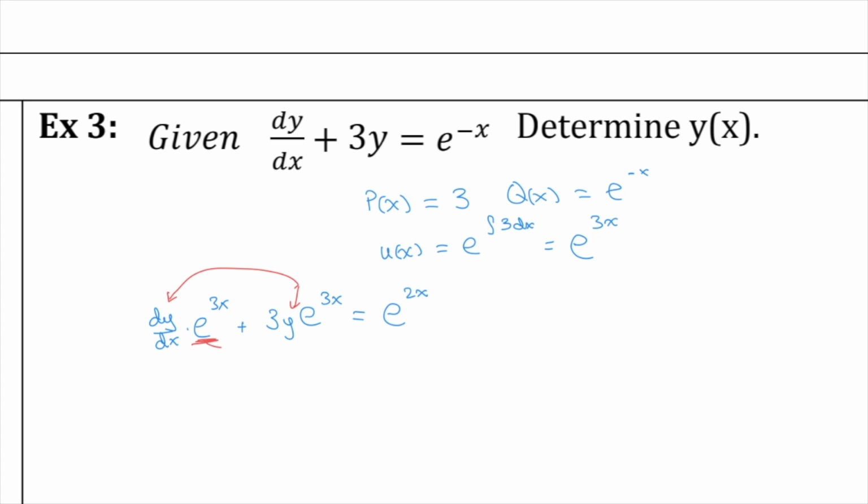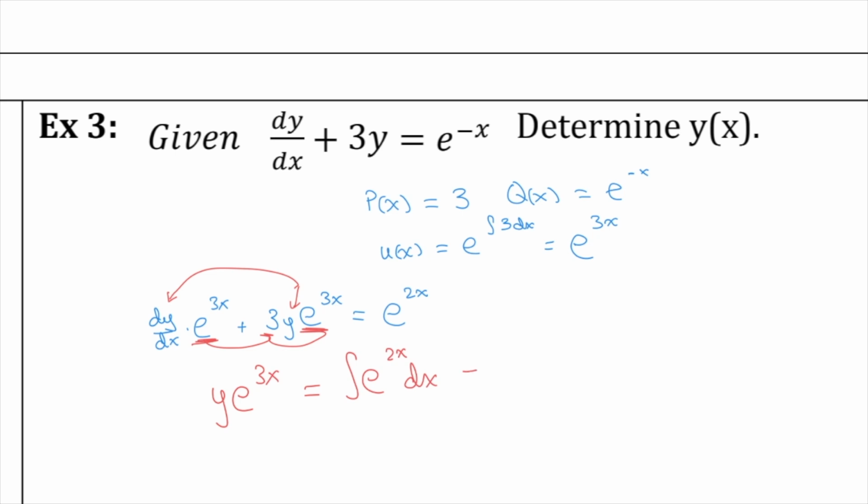The derivative of e to the 3x is 3 e to the 3x. So we are undoing our product rule here. And when we do that, we will get a lovely y times e to the 3x is equal to the integral of e to the 2x dx.